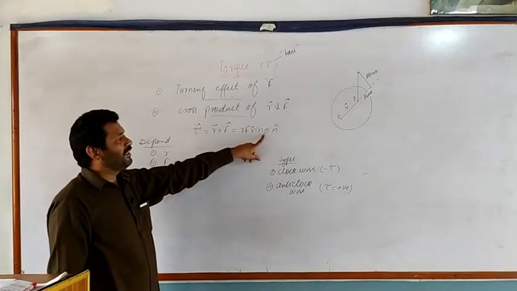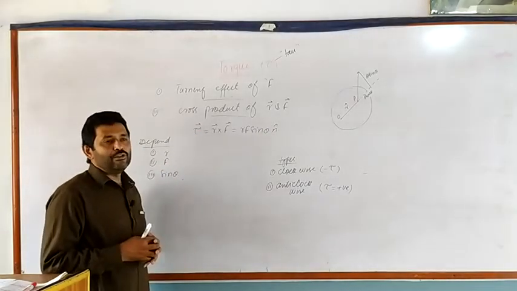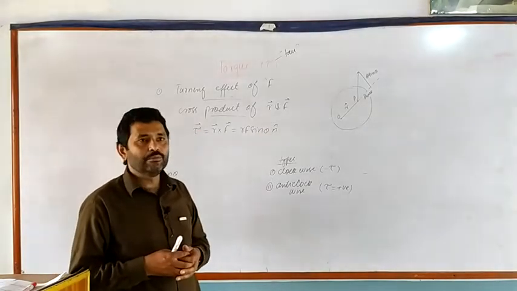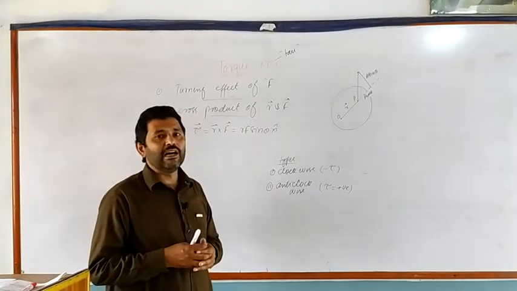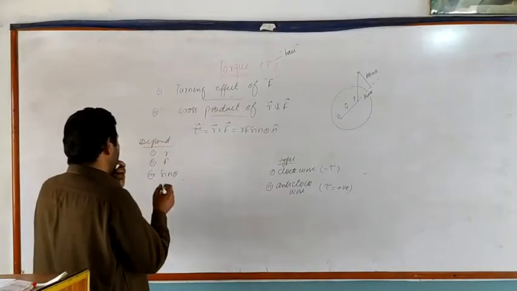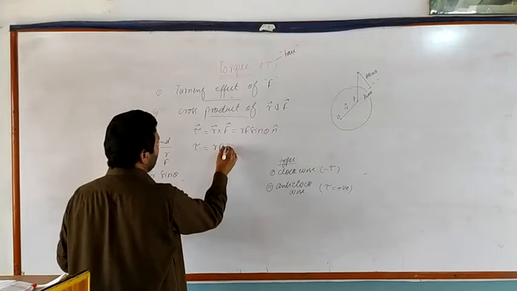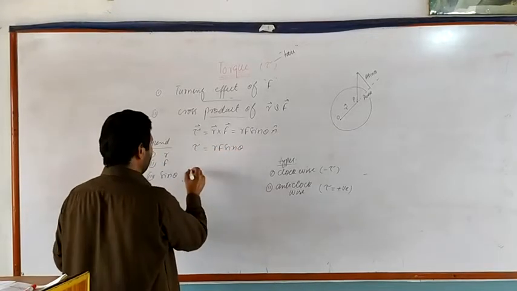When sin theta has its maximum value, torque will be maximum. When sin theta has its minimum value, torque will also be minimum. The magnitude of torque is written as tau is equal to r f sin theta.